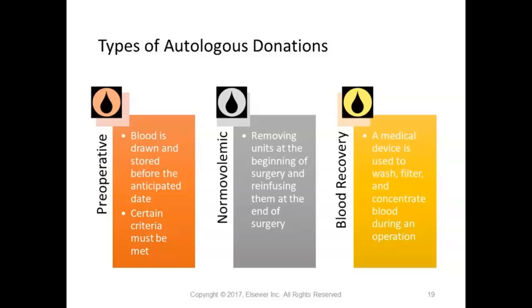I may have known of one surgery where they did the blood recovery, to where an instrument is brought to surgery. It's almost like a salvage device. It is used to wash, filter, and concentrate blood during an operation.